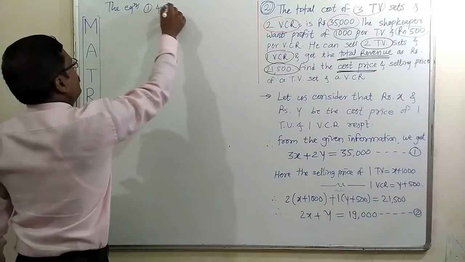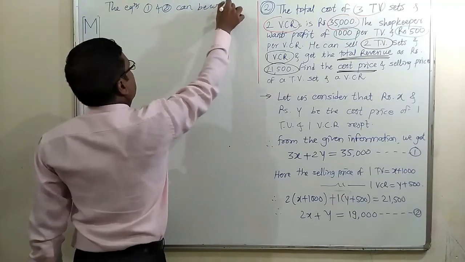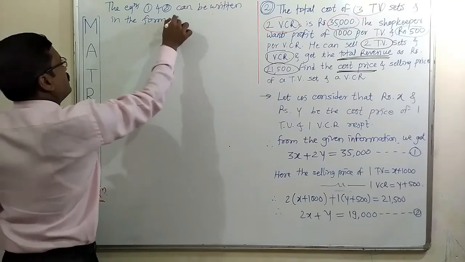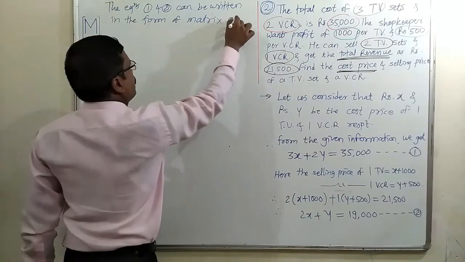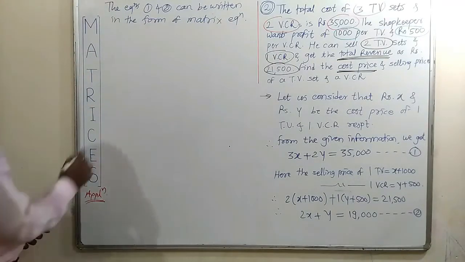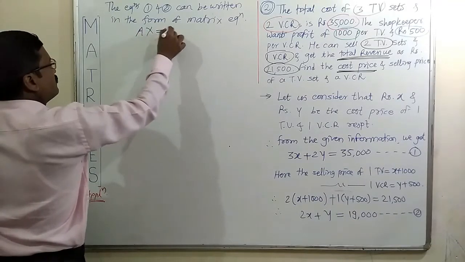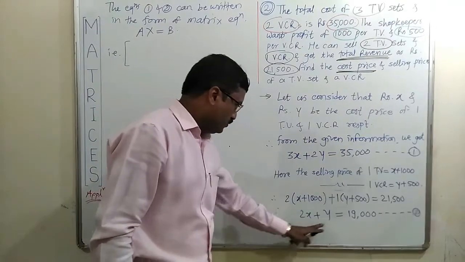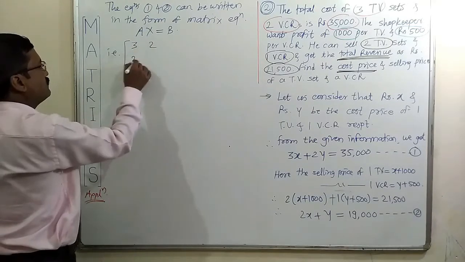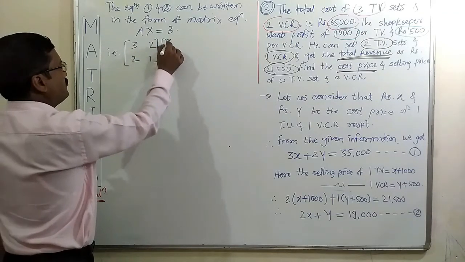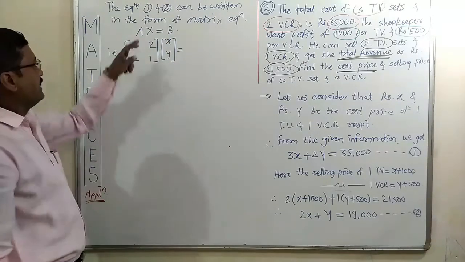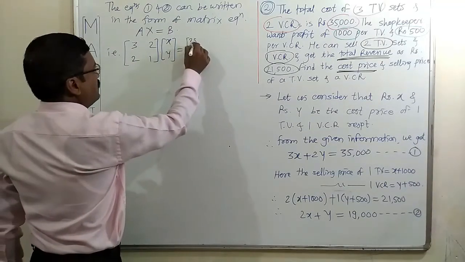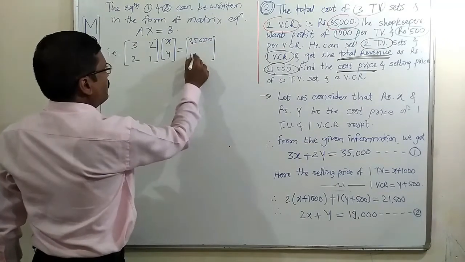Equations 1 and 2 can be written in the form of the matrix equation AX = B, where A is the matrix of coefficients, that is [3 2; 2 1], X is the matrix of variables, that is [x; y], and B is the matrix of constants, which are 35,000 and 19,000.